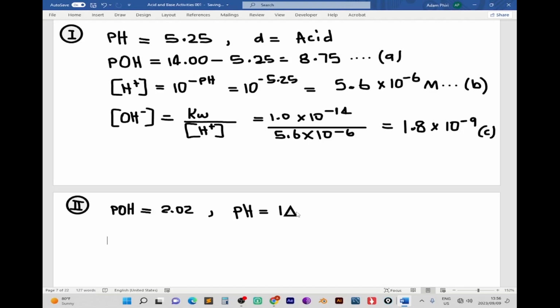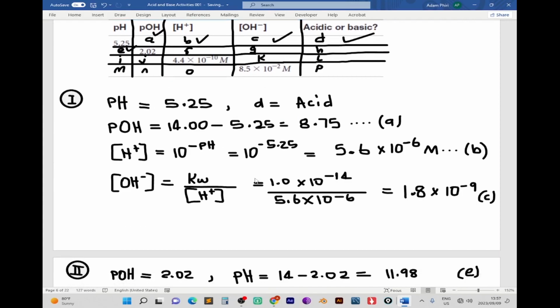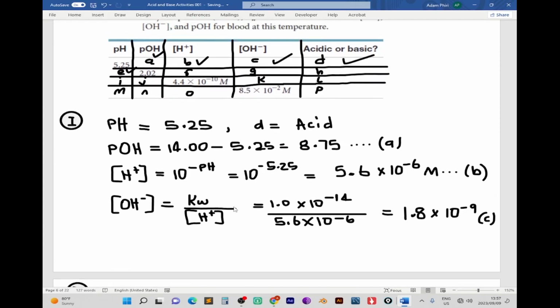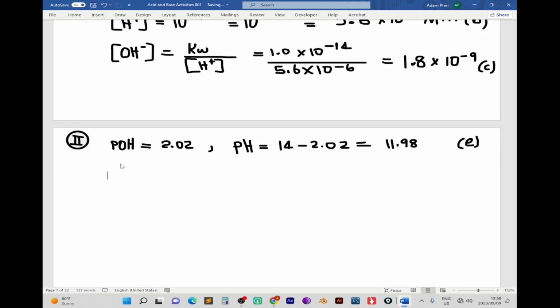So pOH is going to be 14 minus that, which gives us 11.98. pOH means the potential of hydroxide. That will be the potential of hydrogen minus potential of hydroxide. That is to get our pH there. So it's 11.98.